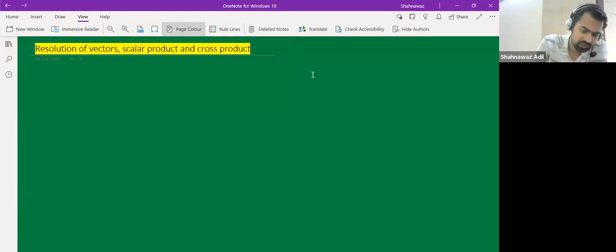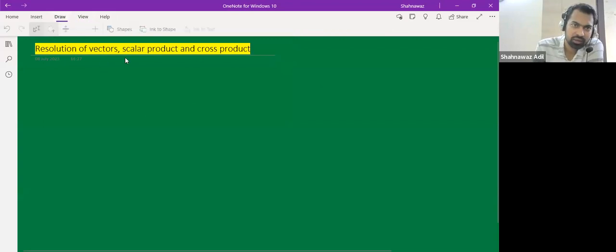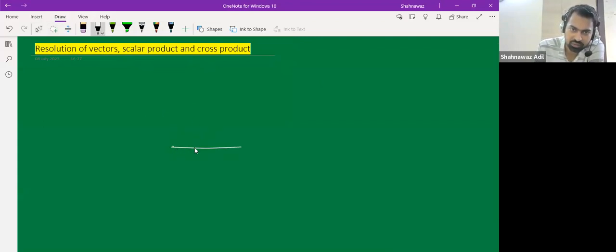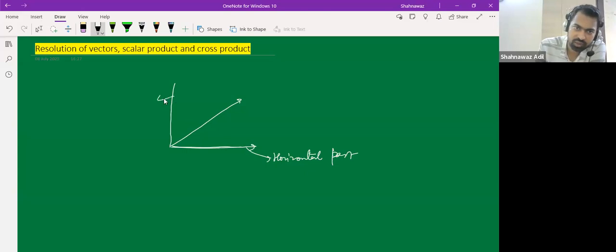Okay, so what is the resolution? That's right. We have a vector and its angle with the horizontal. So this is the horizontal part, and this is the vertical part.